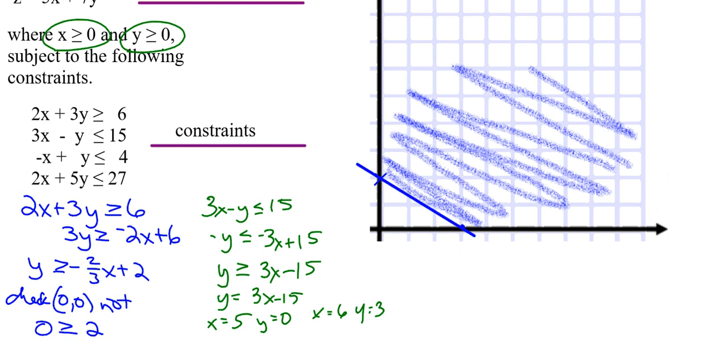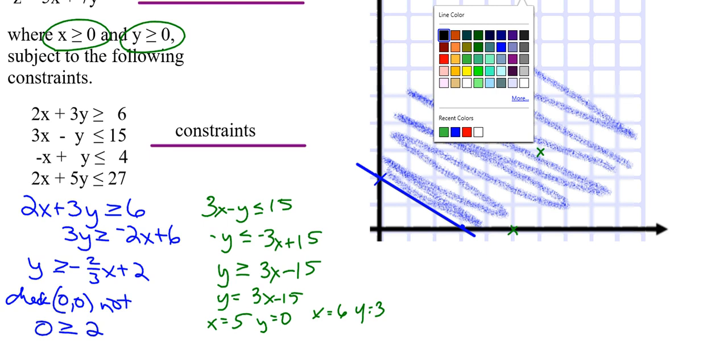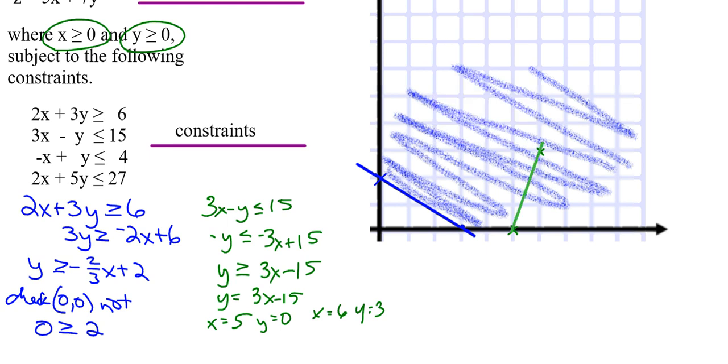So 1, 2, 3, 4, 5, 0. So there's a point. And then 6, 1, 2, 3. And so there's my 2 points that I'm going to have. I'll draw in this line, and then I just have to check.